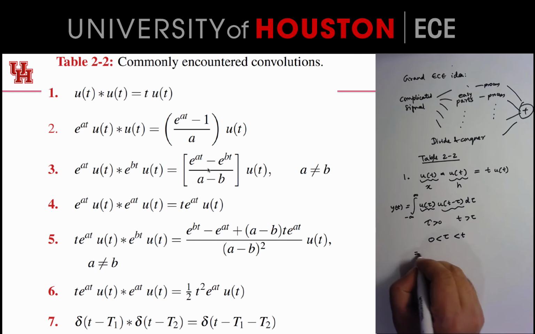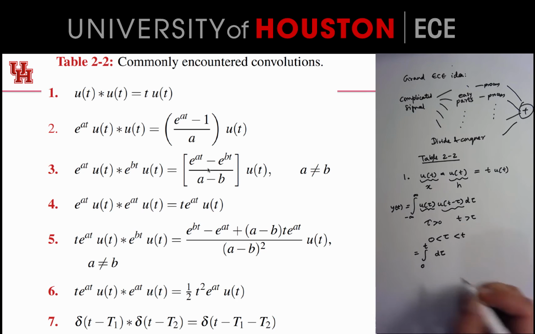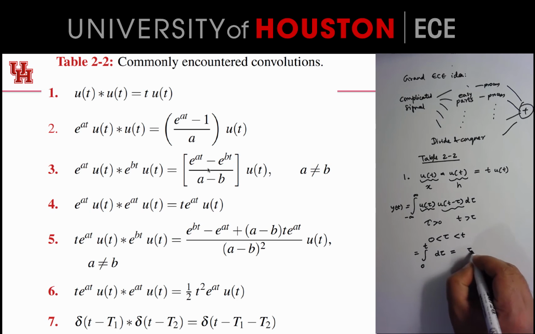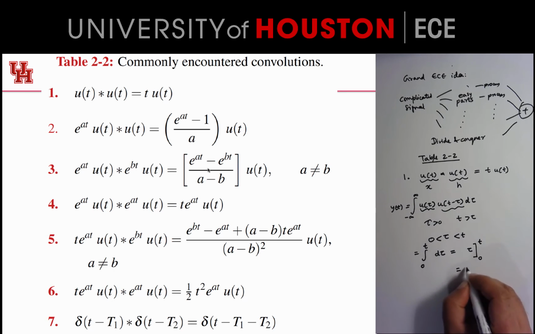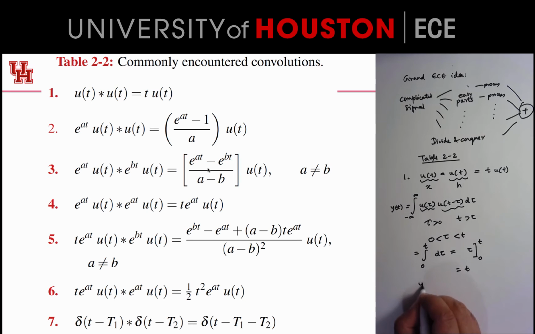What that means is that this integral goes from 0 to t of 1 times d tau. So this is simply tau from 0 to t, which is equal to t. Now this whole thing is causal, so I write the output as y of t equals t times u of t. And this is our answer.